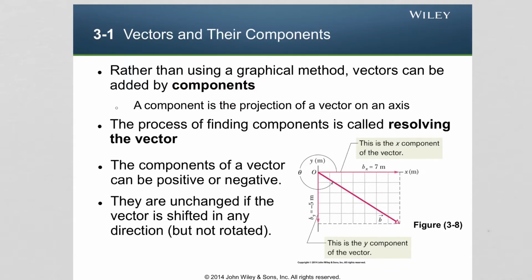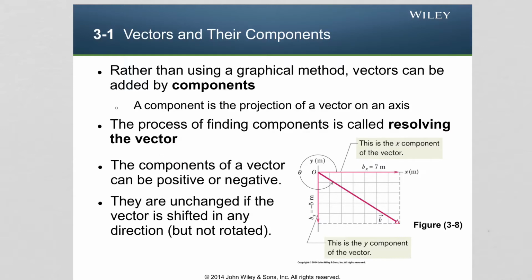And so what is the component of a vector? A component is the projection of a vector on an axis. And the process of finding components is called resolving the vector.